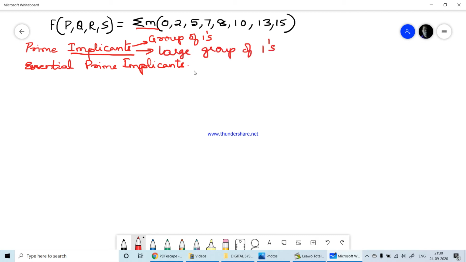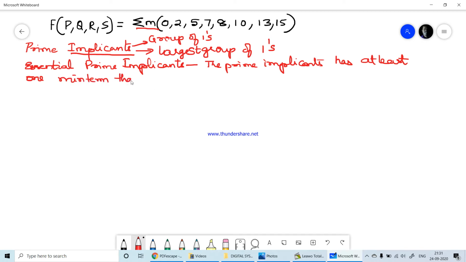In K-map we have already seen the largest group of ones when doing grouping; that is called a prime implicant. Now, an essential prime implicant is a prime implicant that has at least one minterm that cannot be combined in any other way, meaning you can't group it otherwise.